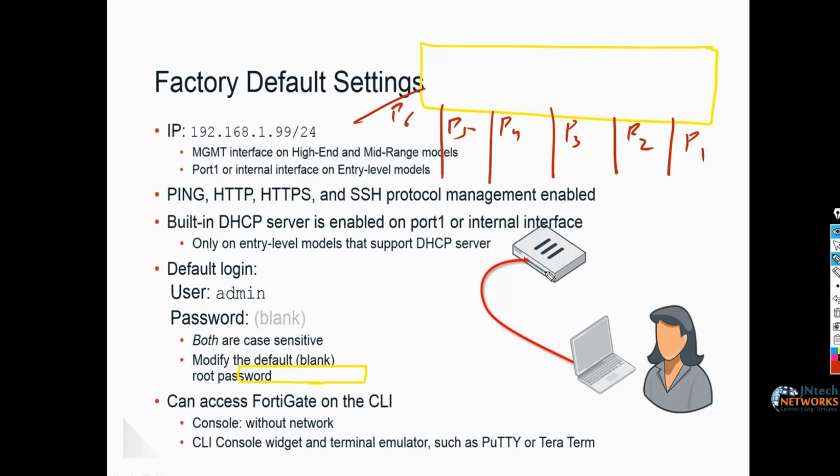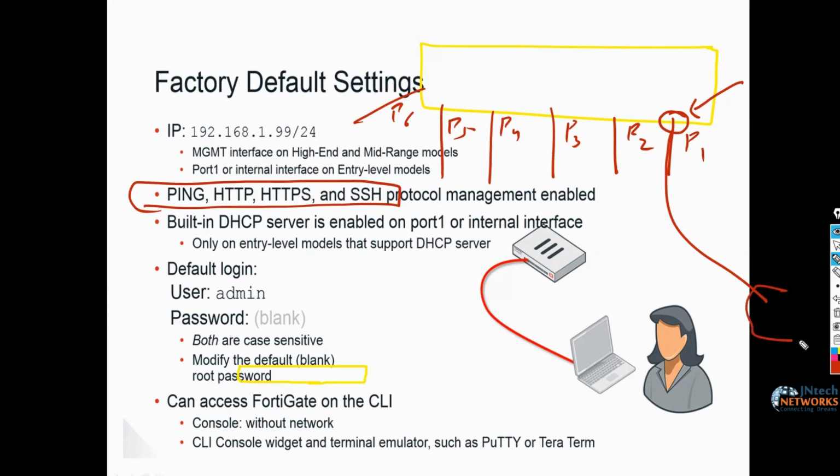On an entry-level box, we can use port number 1 as a management port. You can use any port as a management port, but port number 1 is used because by default these services are enabled only on port number 1.